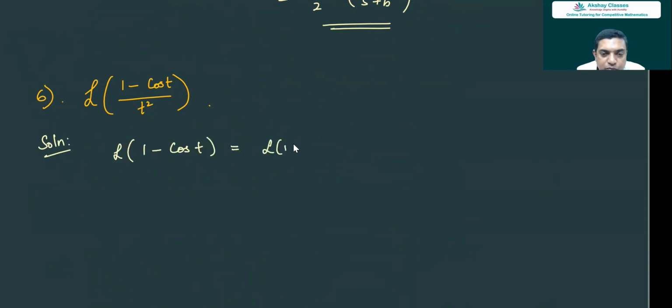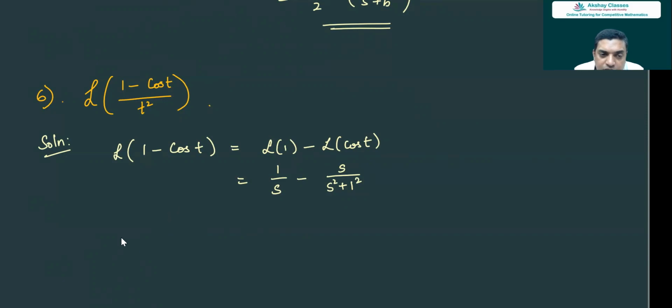So this is the Laplace transform of 1 minus the Laplace transform of cos t, which is 1 upon s minus s upon s square plus a square, that is, a is 1 here. So this is the Laplace transform for cos.